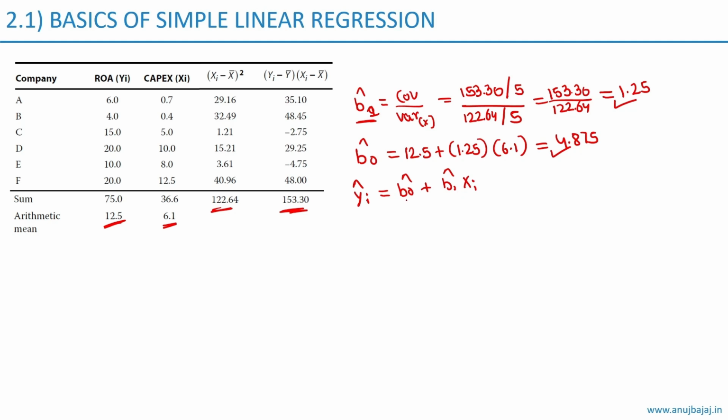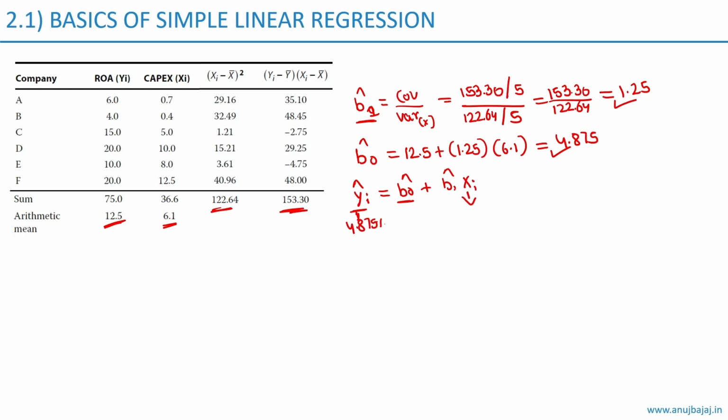The intercept implies that if the value of the independent variable is 0, then the value of the dependent variable will be equal to the intercept. So in our case, if the value of the independent variable is 0, then the predicted value of the dependent variable will be 4.875%.